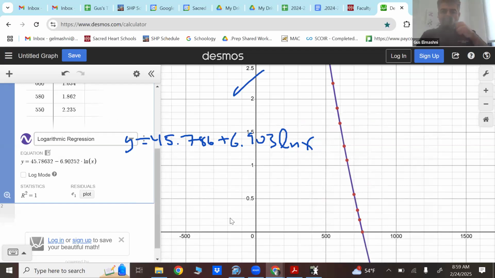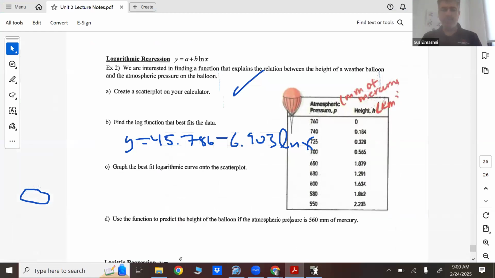That's a minus, my apologies. So there's your logarithm equation, and it's actually a pretty good fit. R squared is a metric used to measure how strong the correlation is. It's called the correlation coefficient or variance, but don't have to worry about that. But once you have that, and I already graphed it, so we're good there.